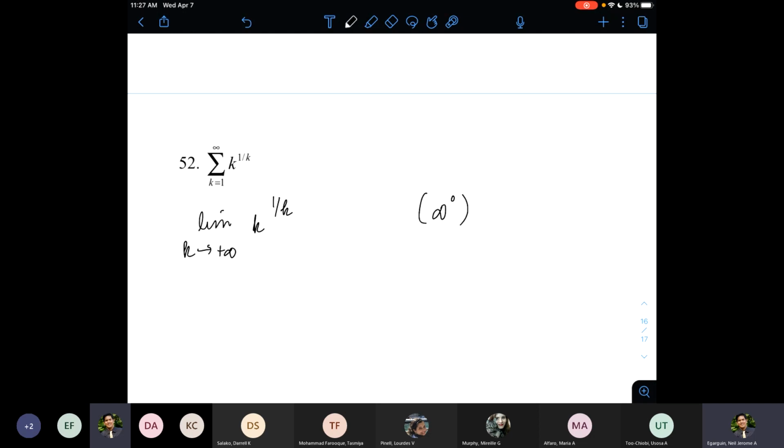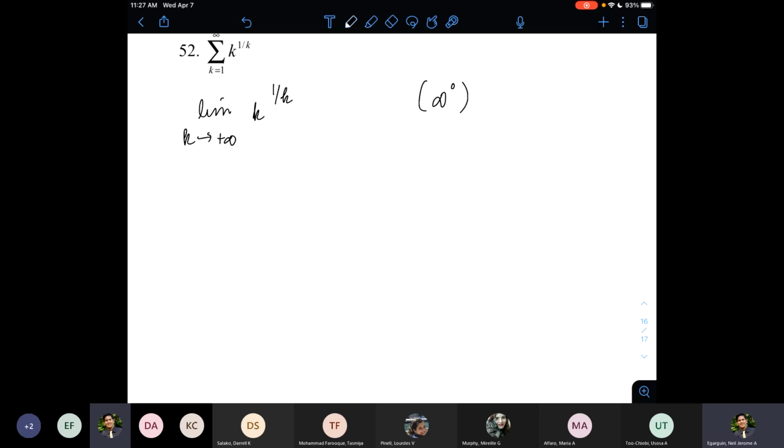You need to remember L'Hopital's rule, the complications of indeterminate forms. So if you have a very large number, which is our base because k approaches infinity, raised to something that is closer and closer to 0, it won't be equal to 1 necessarily. It's an indeterminate form. And we need to do a little bit more work to evaluate this.